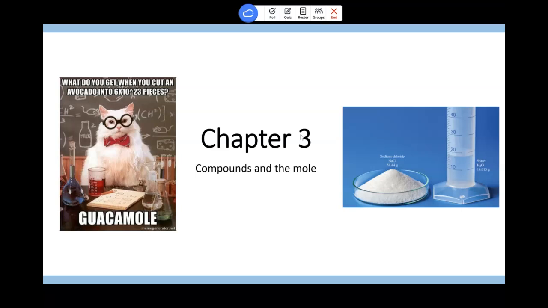The picture here shows 1 mole of sodium chloride and 1 mole of water. And then the chemistry cat, there's a little joke up there for you about moles. There are a lot of different memes that someone put together with this very specific cat, so if you're interested, you can find a lot of those online.